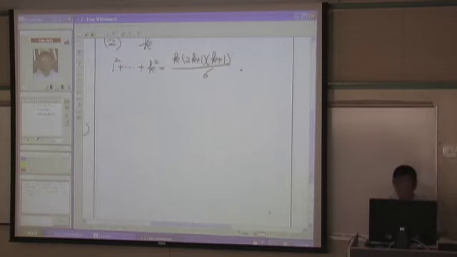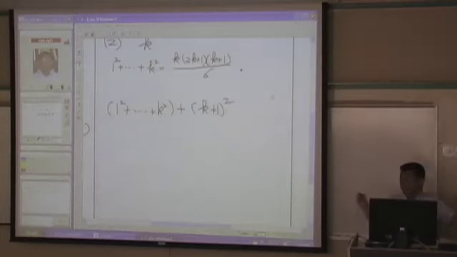To do it, I should attach one more number. This is given. Then attach one more number, k plus 1 squared, right? I attach one more number on both sides.